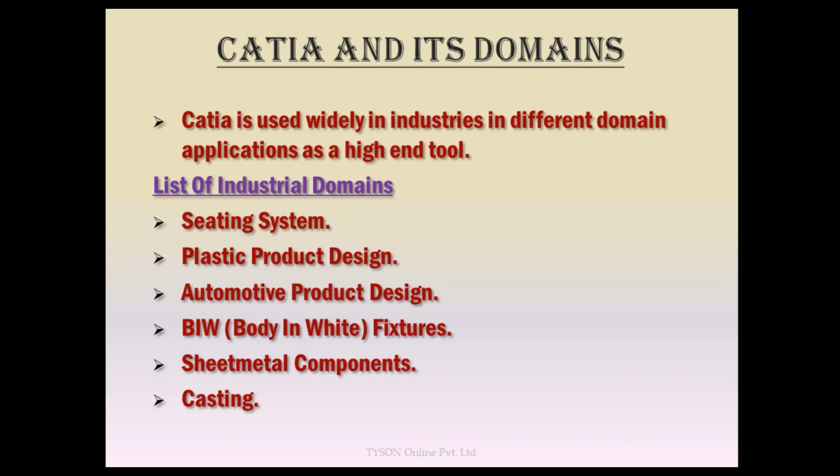For example, if you have done the course of plastic product design, you can search for industries of plastic product design which manufacture plastic products and use CATIA. You can also search for body in white. A detailed sheet metal course for CATIA is available, and the casting domain is there too. So these are the domains in which CATIA is used.